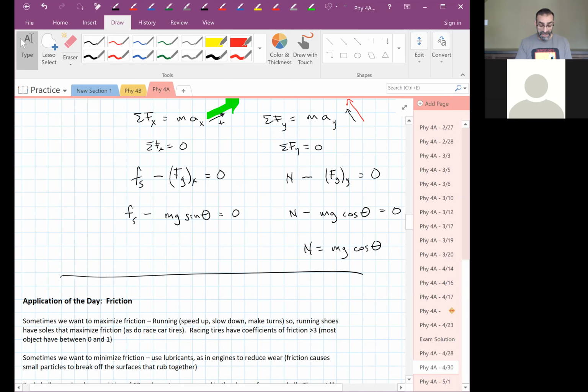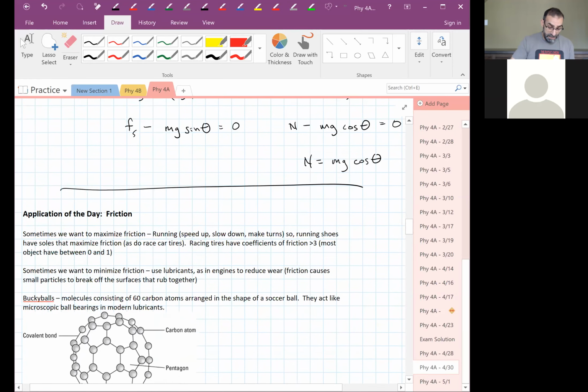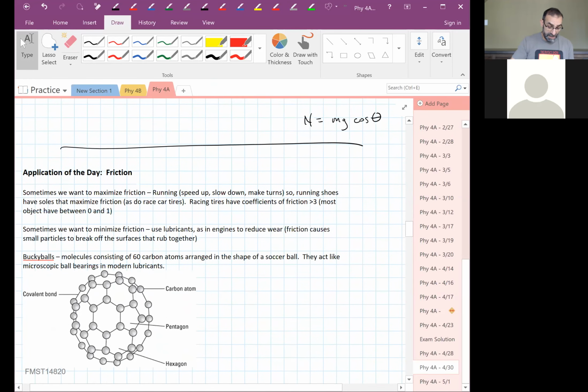We want to reduce friction a lot of times. And maybe you saw in chemistry class, one of the things that they've come up with are these buckyballs: 60 carbon atoms arranged in the shape of a soccer ball, and they act like microscopic ball bearings in modern lubricants, buckyballs.